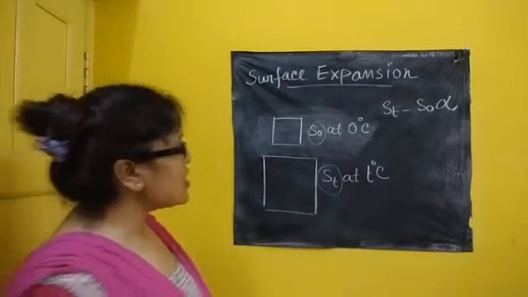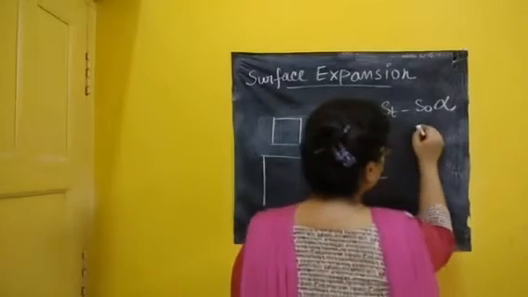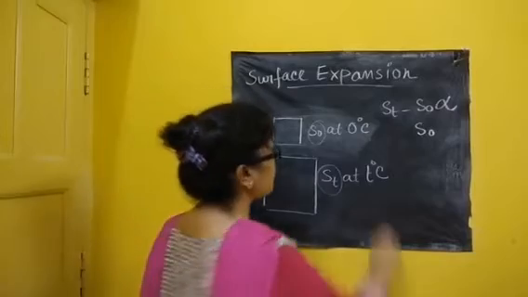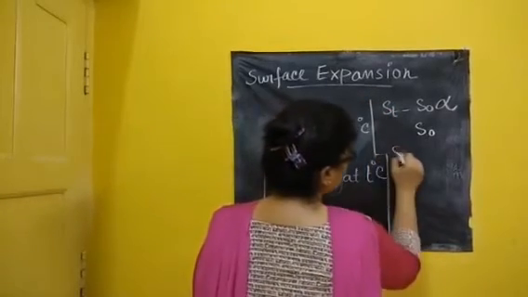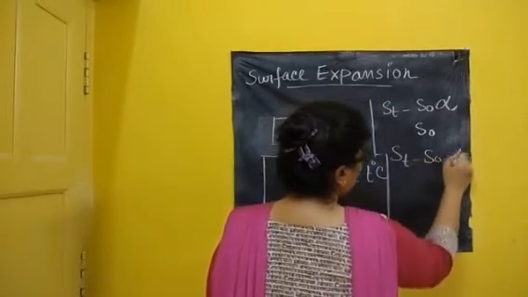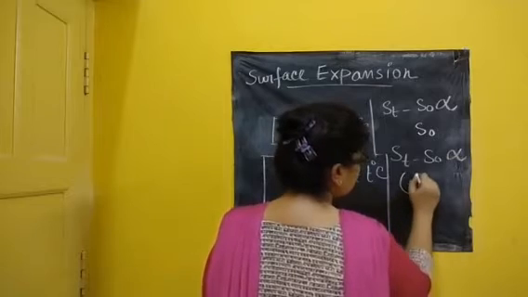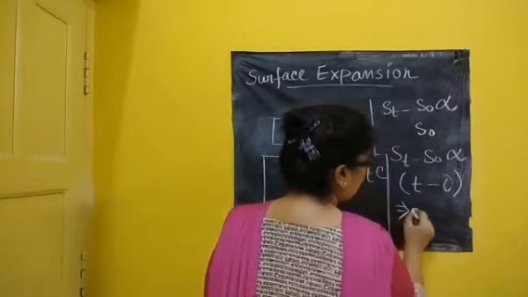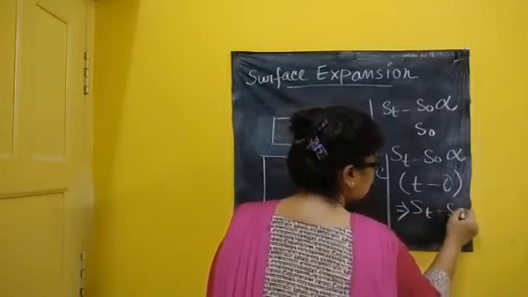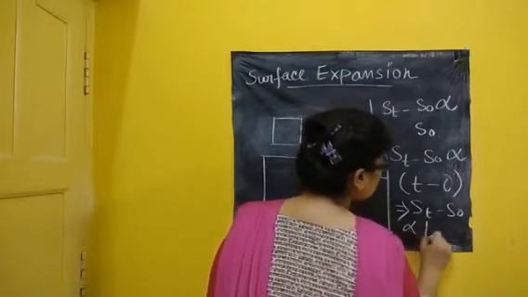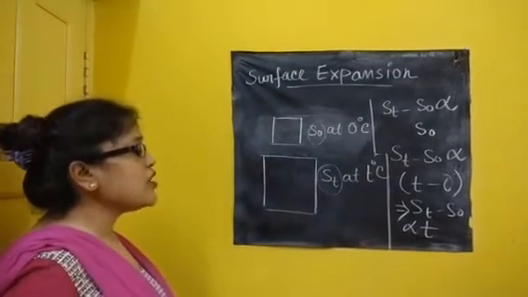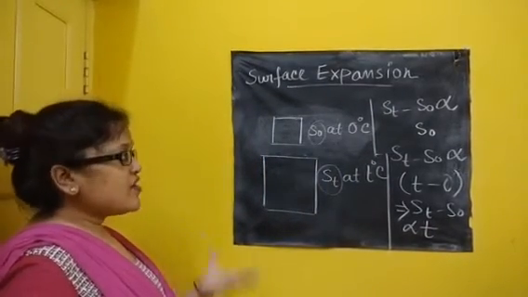So St minus S0 is proportional to the initial surface S0, and also St minus S0 is proportional to the change in temperature, T minus 0, and it also depends on the material medium.